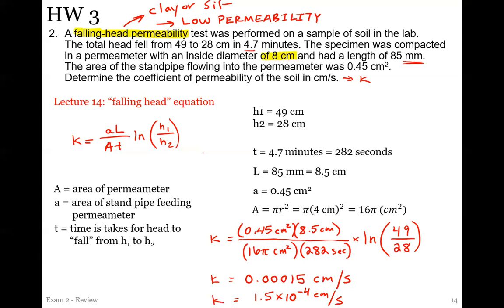So really, really small numbers. So if you have a large number here, then most likely you forgot to transfer this area into an area, and you're still in like a length or something. So always check those units and areas. Make sure you calculate the areas correctly.